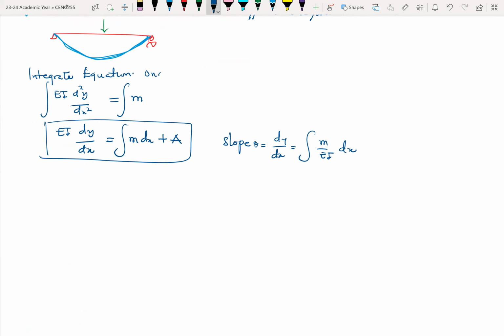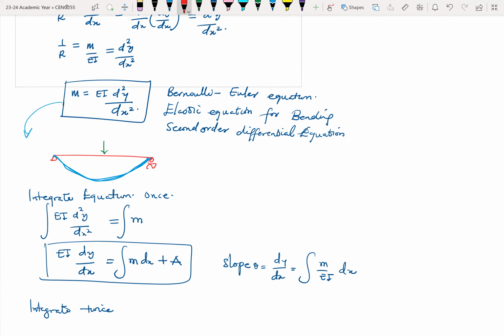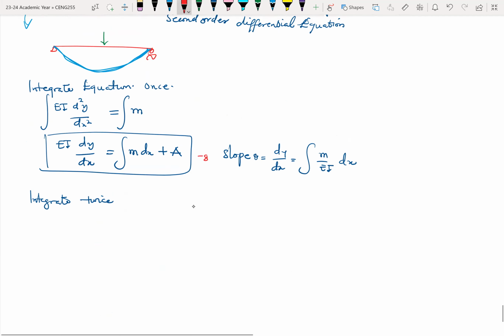So now if we are to integrate again, so let's say integrate twice. So integrate the original equation twice. It means the same as integrating this, so let me put this, this is maybe equation 7. This is equation 8. So integrate twice, which is, equation 7 should be integrated twice.